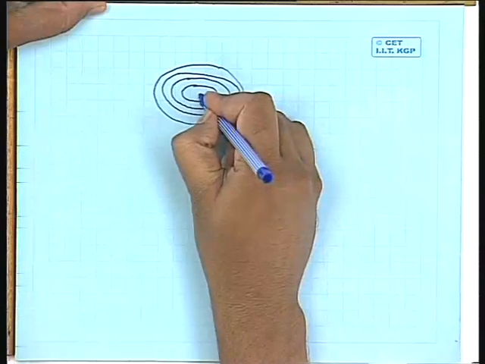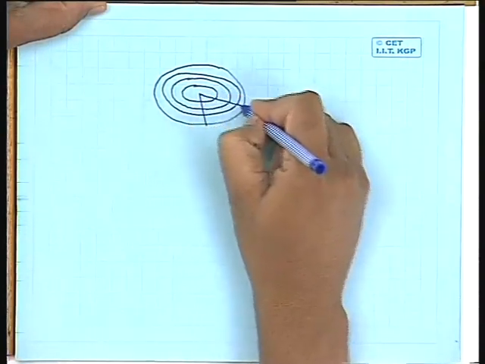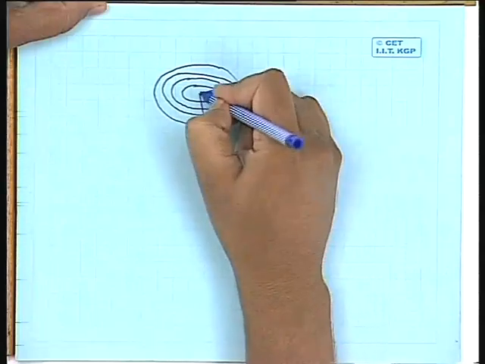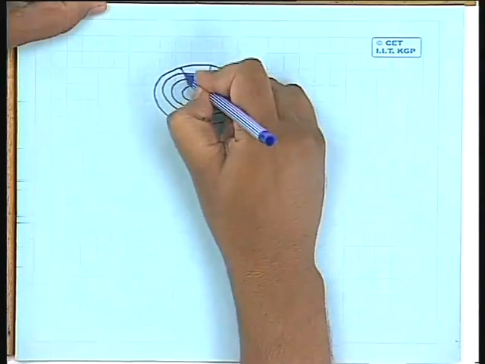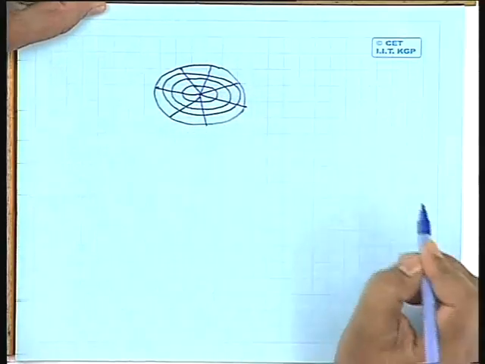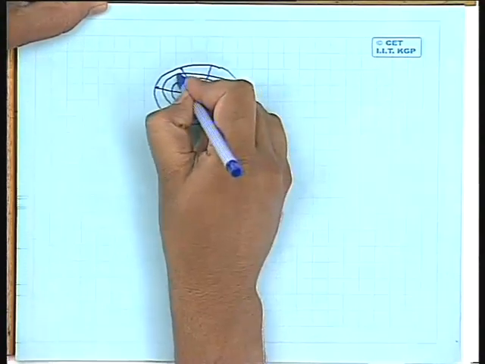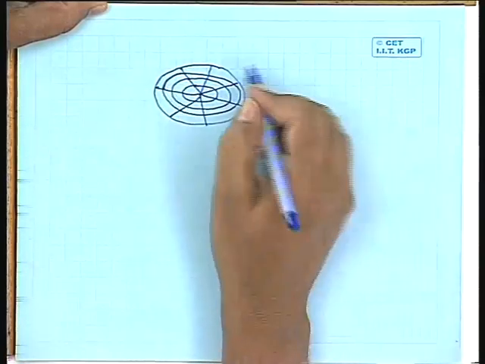Okay. Now these concentric circles are again divided radially into a number of sectors, like this.